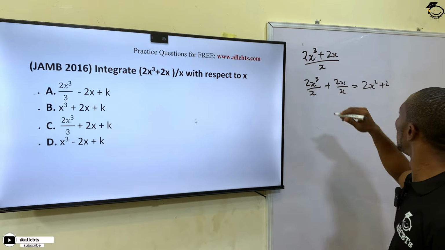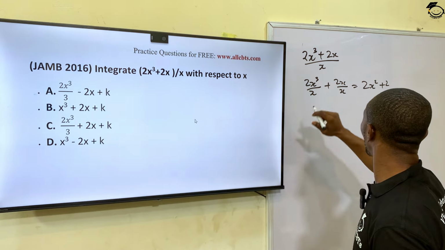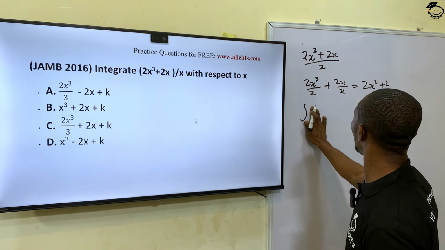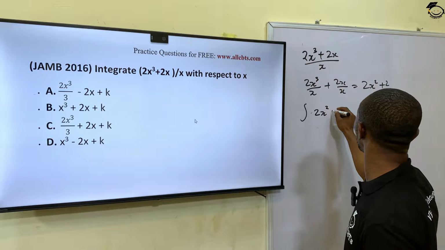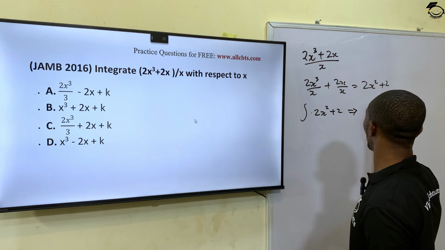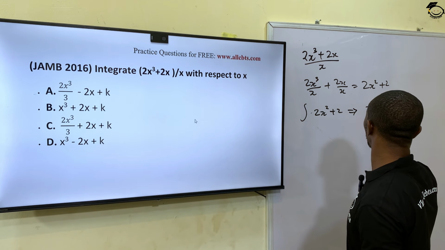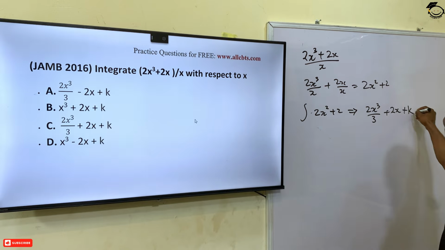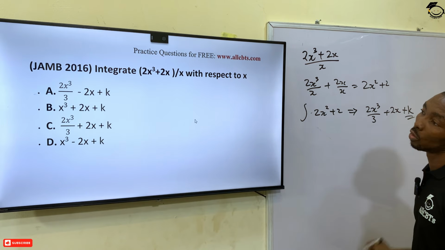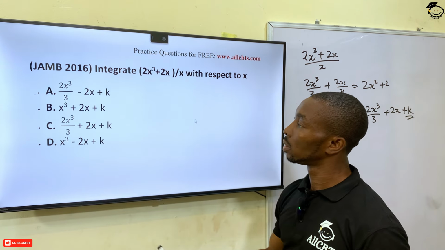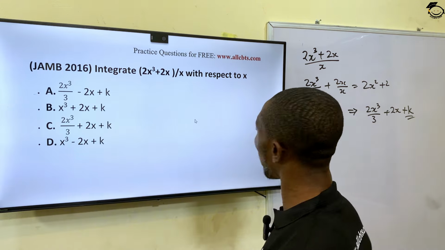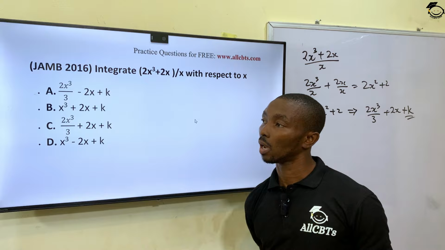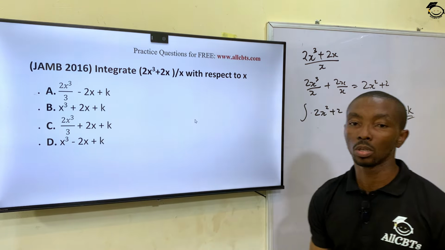Okay, now integrating 2x squared plus 2 will give us 2x cubed over 3 plus 2x plus our constant k. So this will leave us with 2x cubed over 3 plus 2x plus k as our constant, which is our option C.